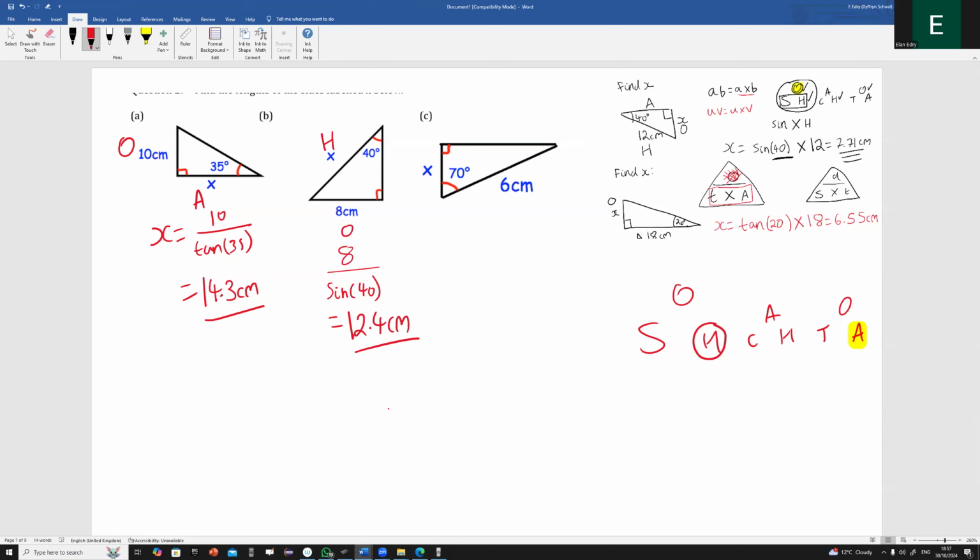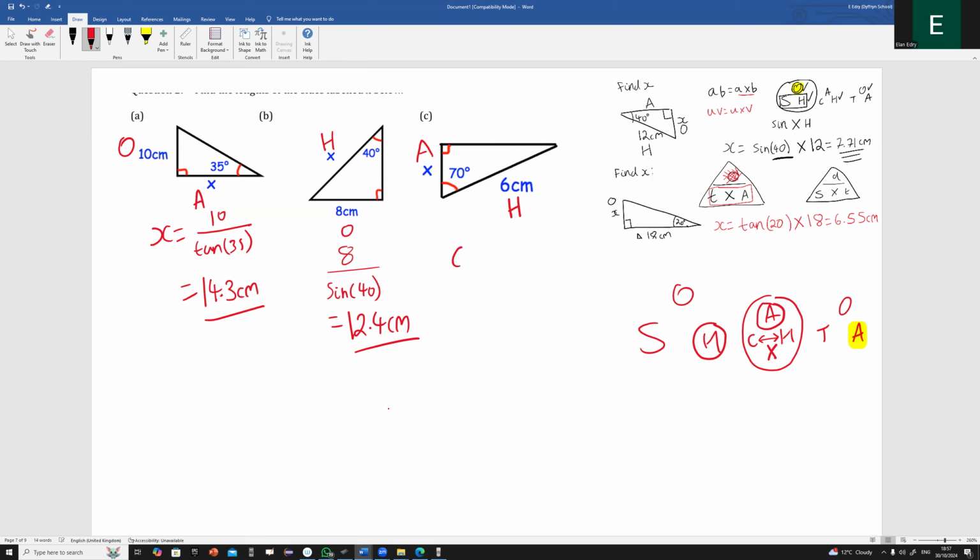And the last one, I have the hypotenuse and I want the adjacent. That's going to be cosine. I want the adjacent this time. If I cover up that, I have cos next to the hypotenuse, so that's going to be times.